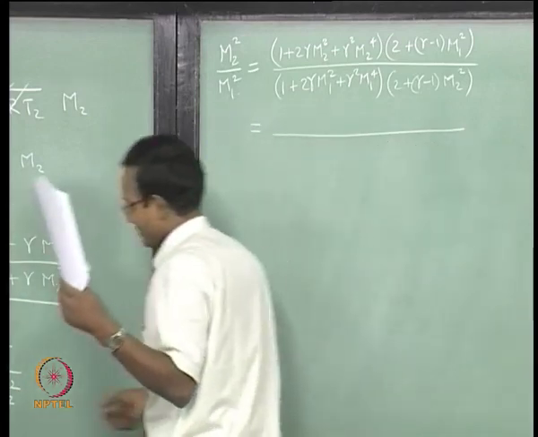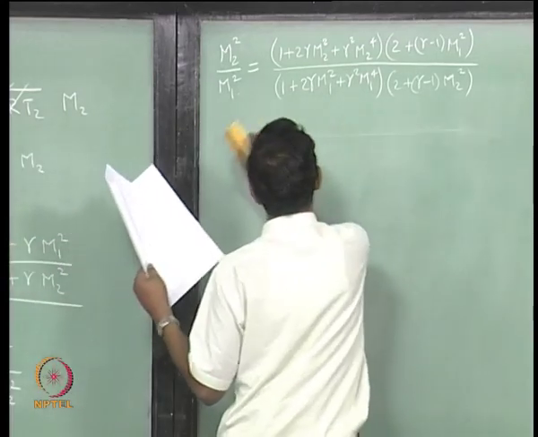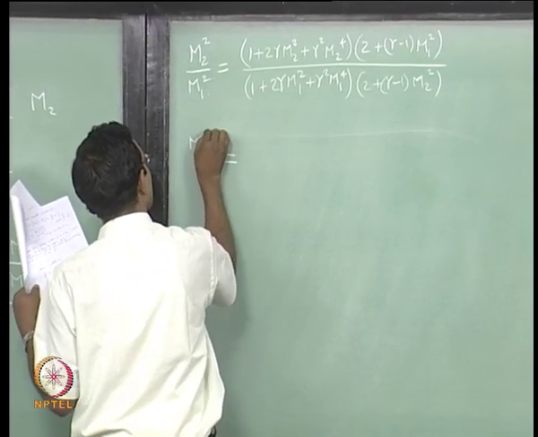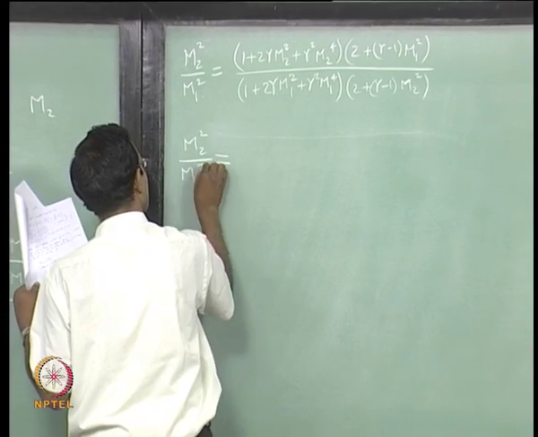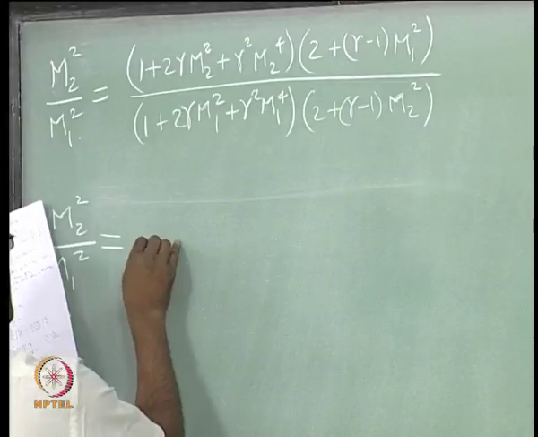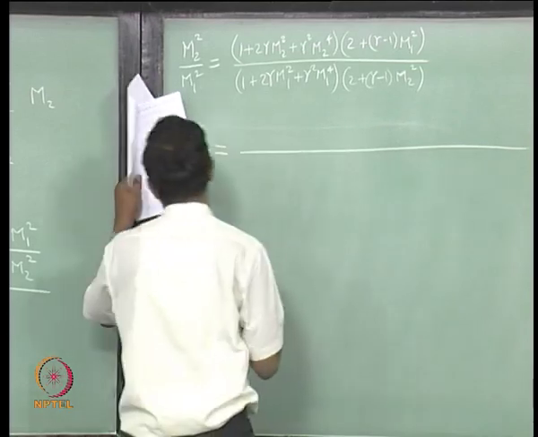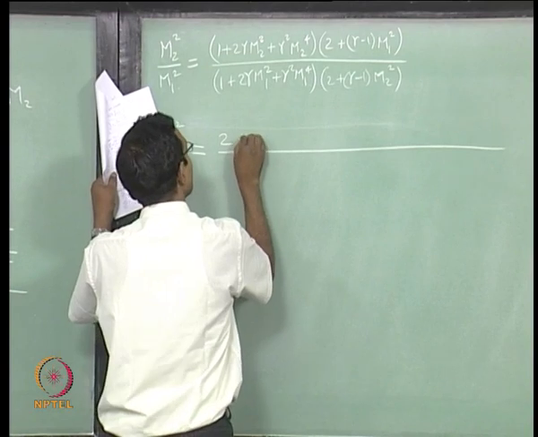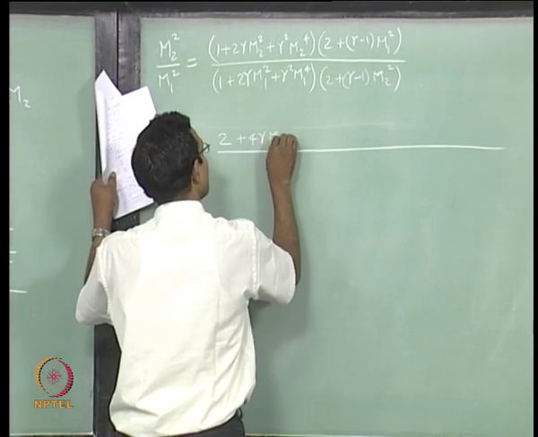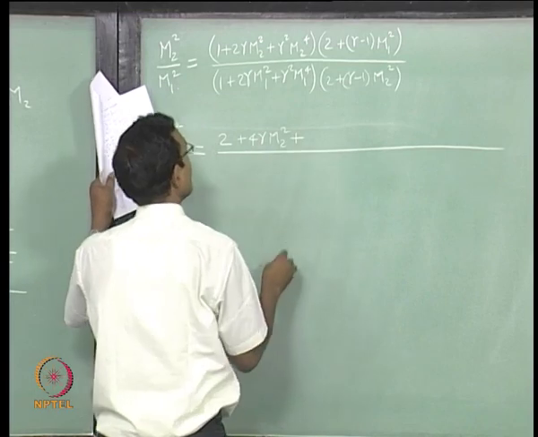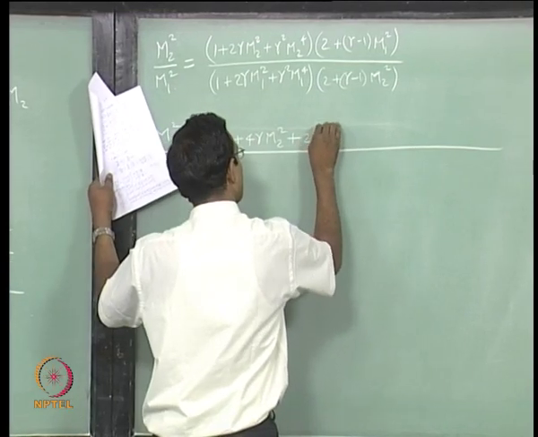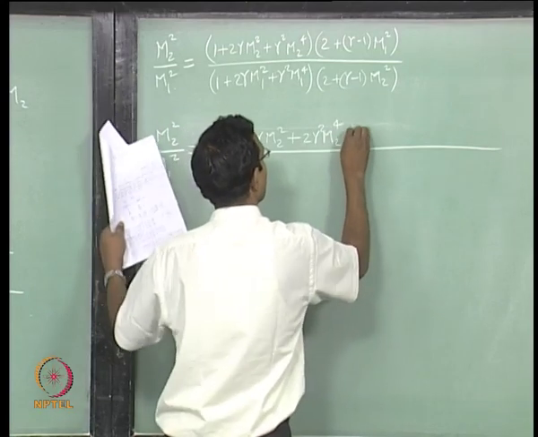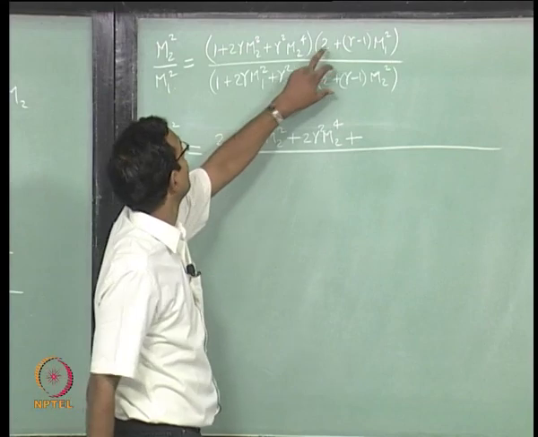I will give more space. These 3 terms are coming from 2 multiplying these 3.